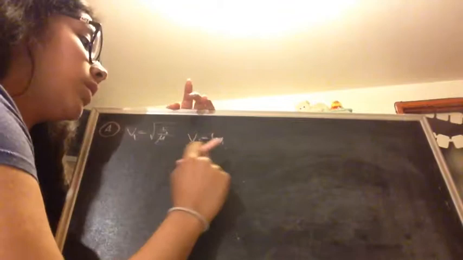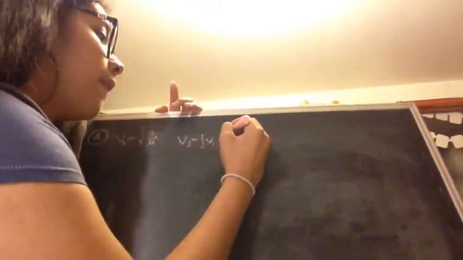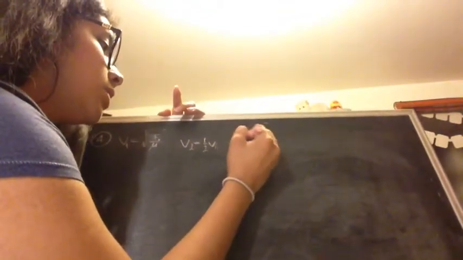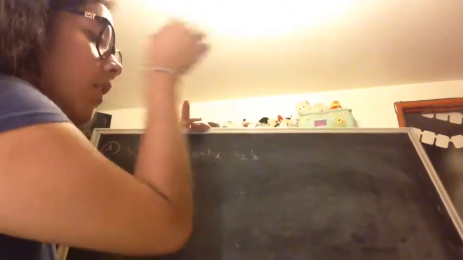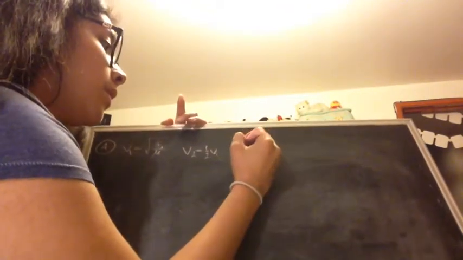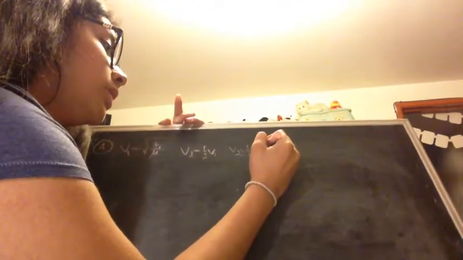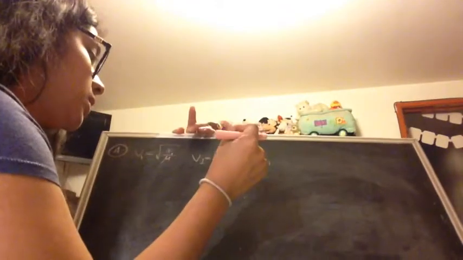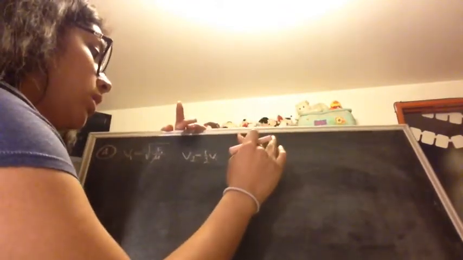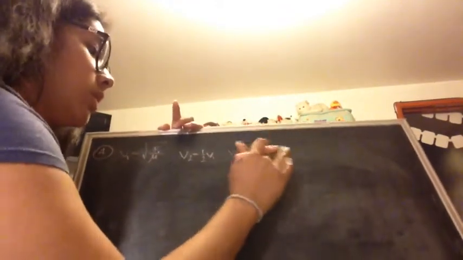So if we do this, we're going to have that velocity 2 equals 1/2 of velocity 1, which is velocity 1 in terms of force.